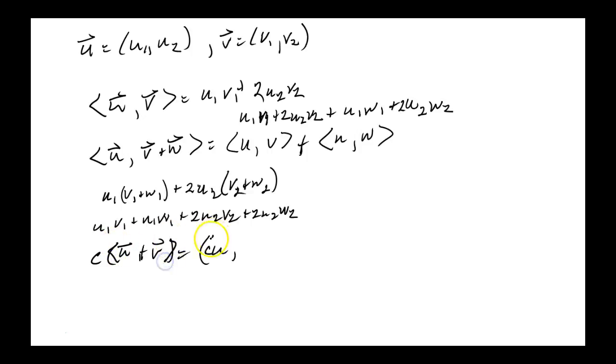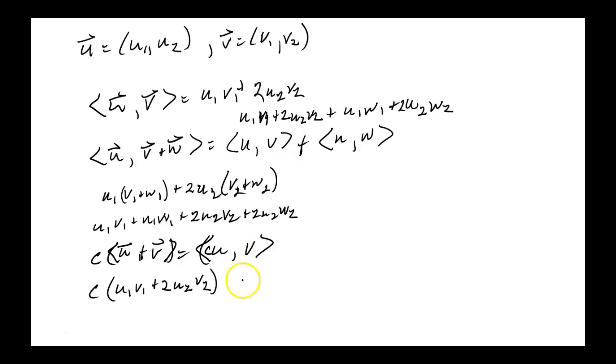I thought my parentheses earlier was the C, and that's what's going on. Now, according to this rule, this would be C times U1 V1 plus 2U2 V2. That's according to that rule.